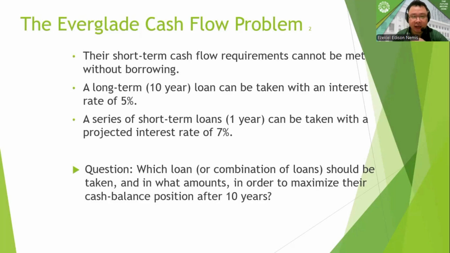The question here is, which loan or combination of loans should be taken, and in what amount, in order to maximize the cash balance position after 10 years? So here are other clues. We have 10 years as the long-term, and we have to maximize the cash balance.